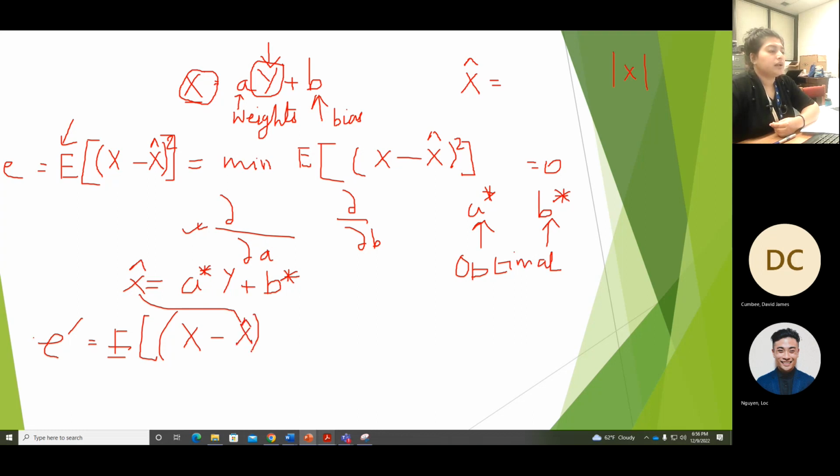You continue doing that until this expected value or the error function is almost equivalent to 0. It's never exactly 0, but some estimators do really well, going to 0.0000 something. That's what we are trying to do.